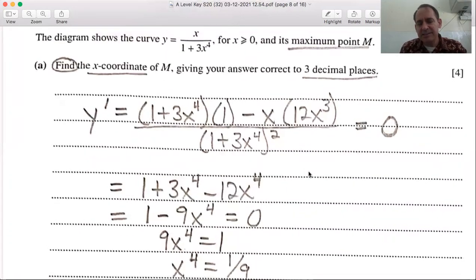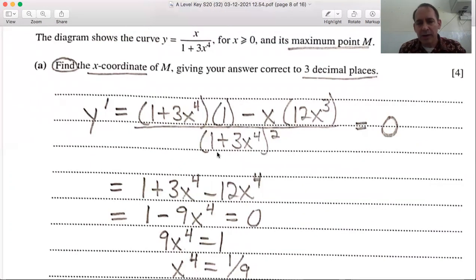in this case, it's okay to multiply this 1 plus 3x to the 4th squared into the 0 because it is a part of the numerator, and you don't have the denominator aspect to work with this.